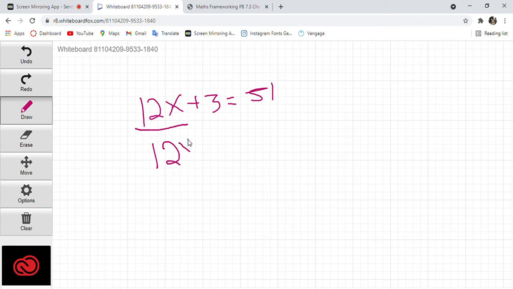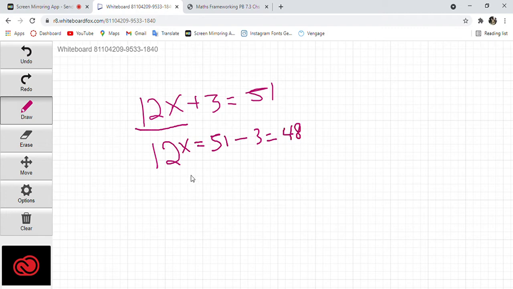So then it becomes 12x equals 51 minus 3. You're wondering why 51 minus 3? Basically in algebra, we switch everything around. So this plus becomes a minus, and then we switch it the other way around. So 51 minus 3 equals 48, right?